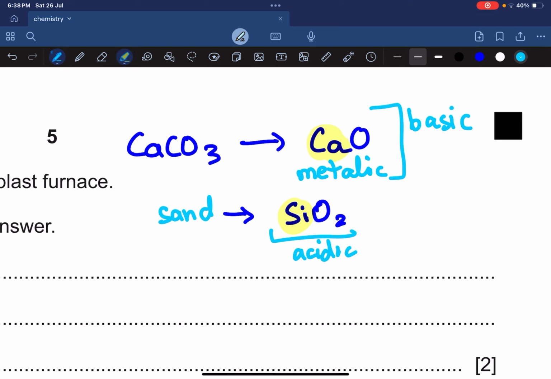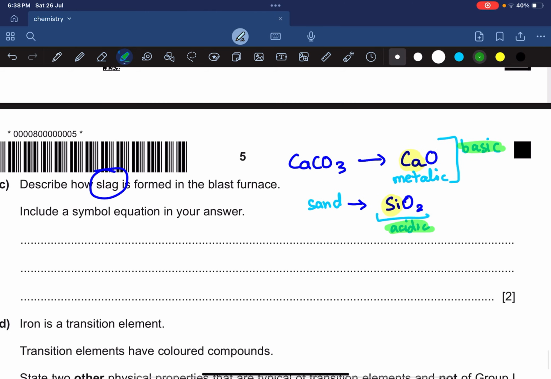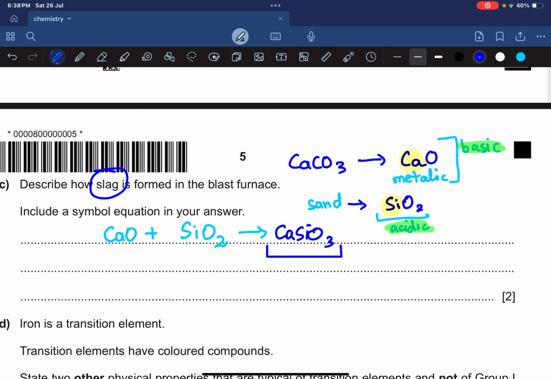When you have a basic oxide and an acidic oxide, both of them are going to react together. So what happens is that your calcium oxide reacts with your silicon dioxide, SiO2, and forms calcium silicate, which is CaSiO3. In common words, you call this thing your slag, but the proper chemistry name for this thing is calcium silicate.